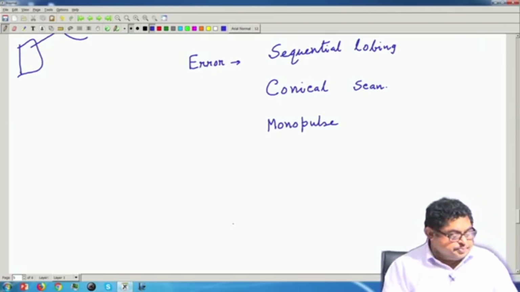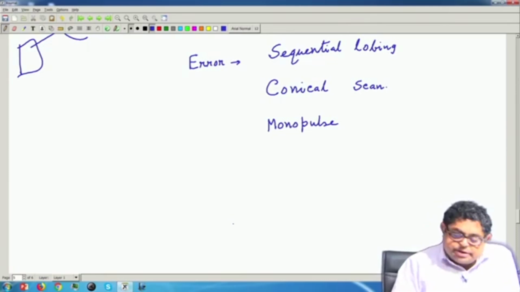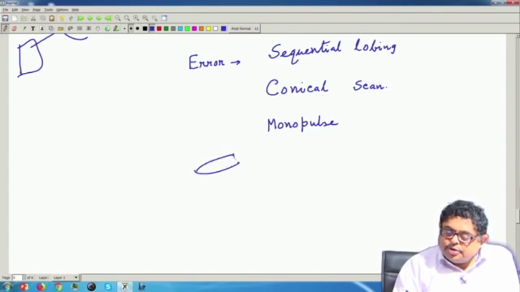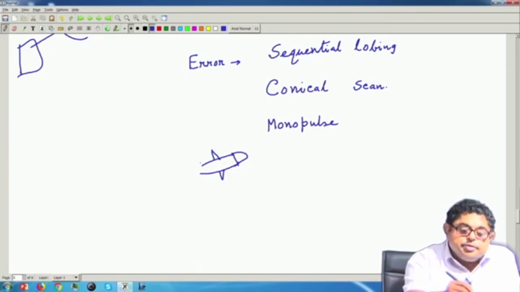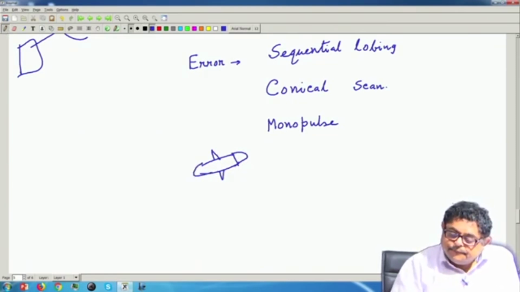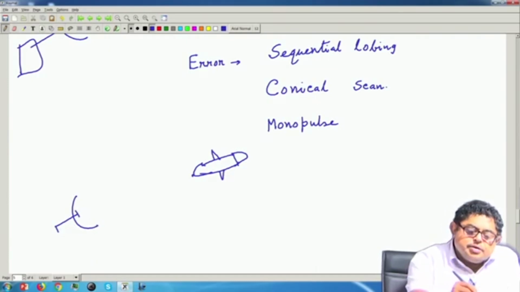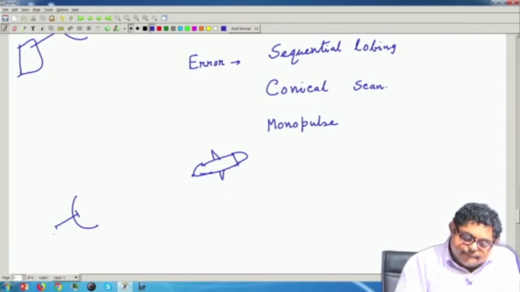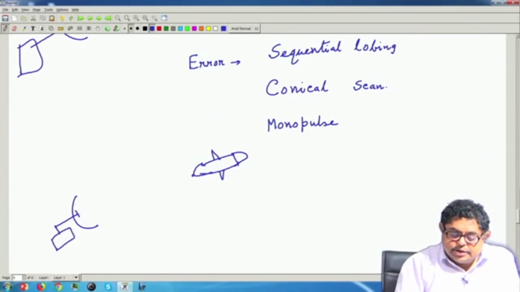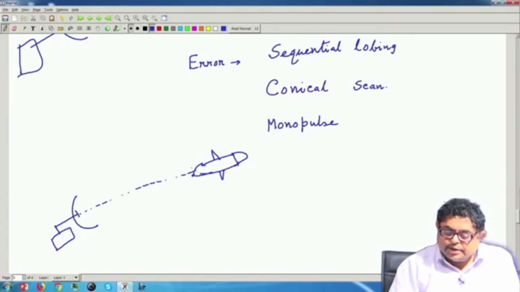Suppose the tracking radar is seeing a target, as in that picture, and suppose the radar is looking at the target directly.